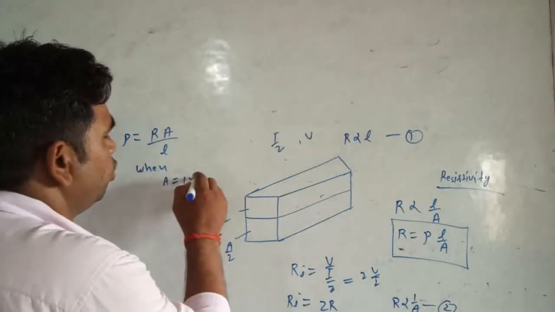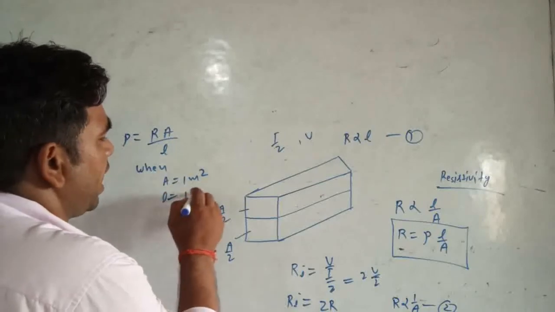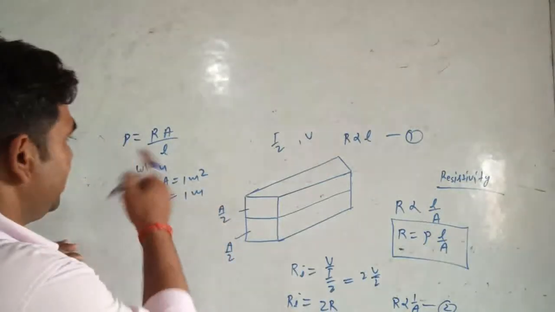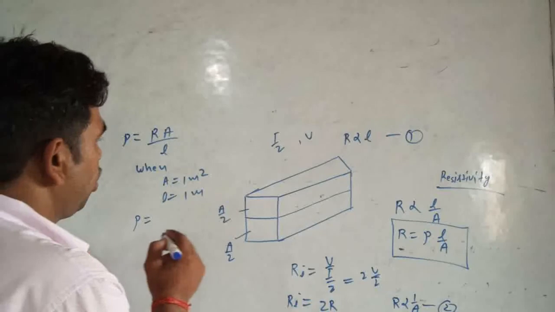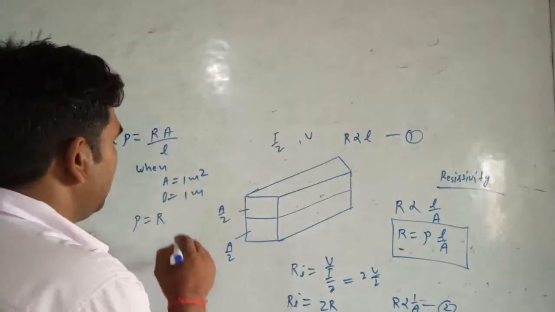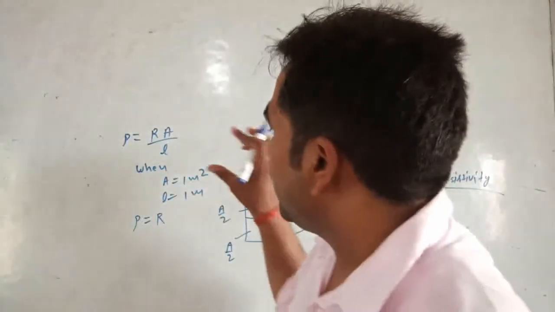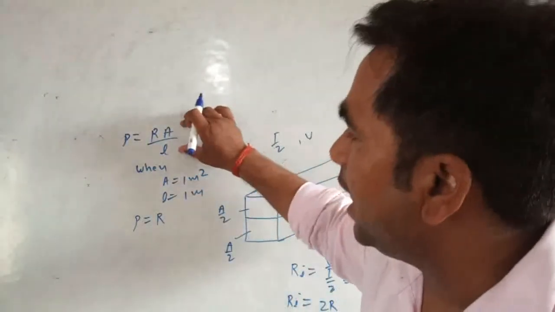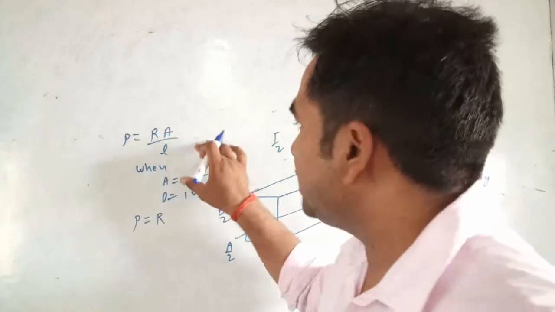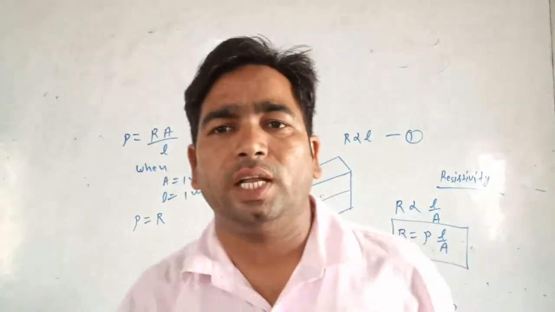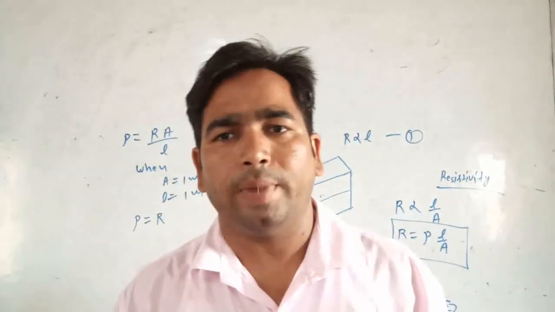When A equals 1 meter square and L equals 1 meter, then rho equals R. That is, for unit cross section area and unit length, the resistance of the material is called the resistivity of that material.